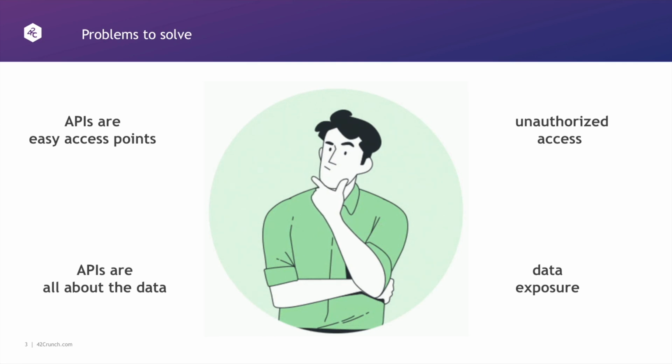So again, that's what makes APIs such an attractive target. The problems we're trying to solve are those two of unauthorized access and data exposure. Then we really need to make sure that the APIs we're deploying into production are hardened and that we're reducing the number of security bugs in those APIs. So that's really the problem that we're trying to solve with secure by design.